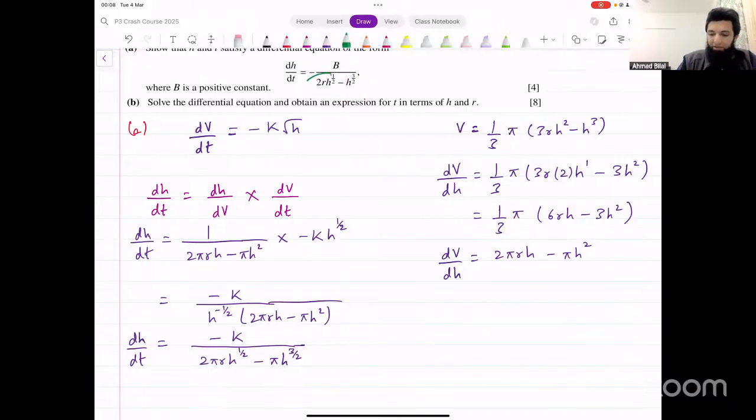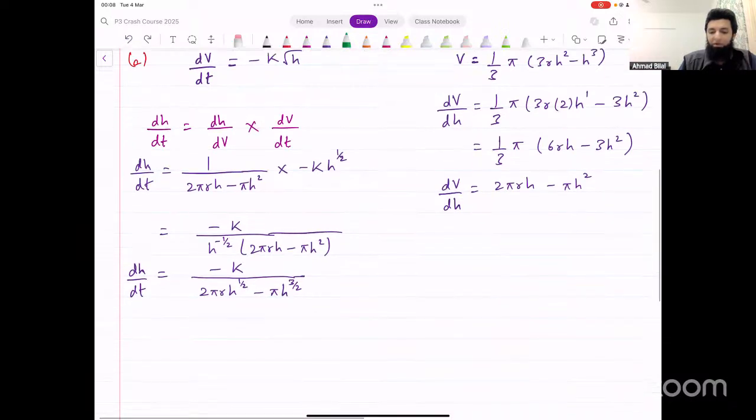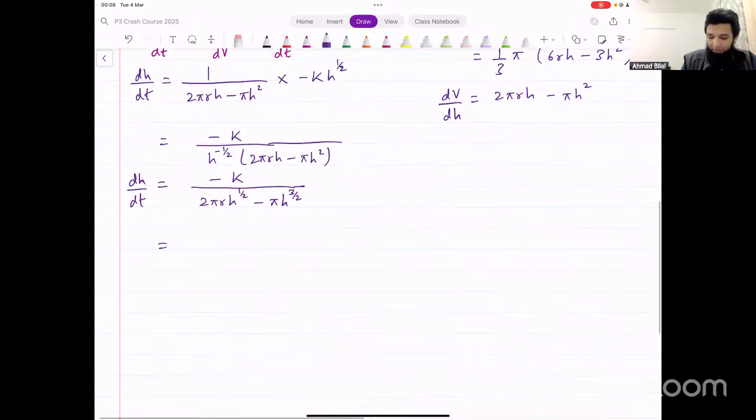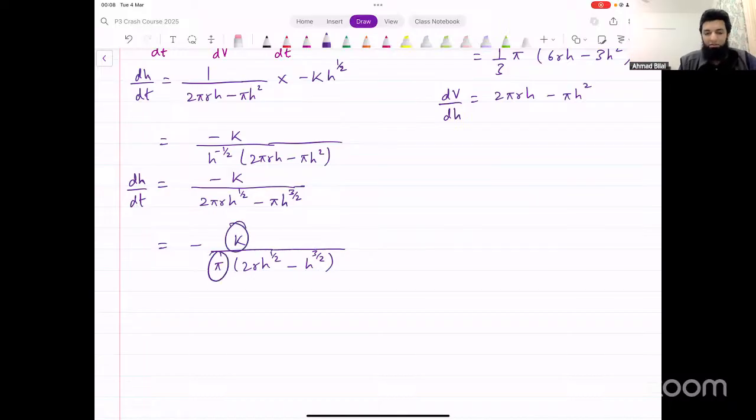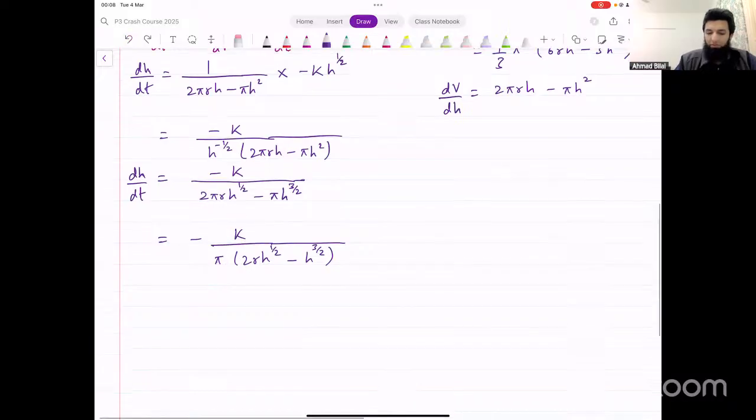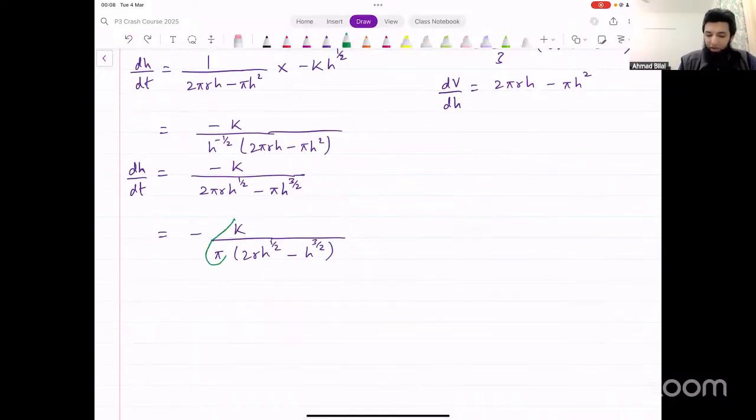There's no pi in the denominator, right? What we can do is, we can take pi common from the denominator, so it becomes minus k over pi times 2Rh raised to power 1 over 2 minus h raised to power 3 over 2. Now you see k is a constant. Pi is also a constant. So we can say k over pi is just another constant.